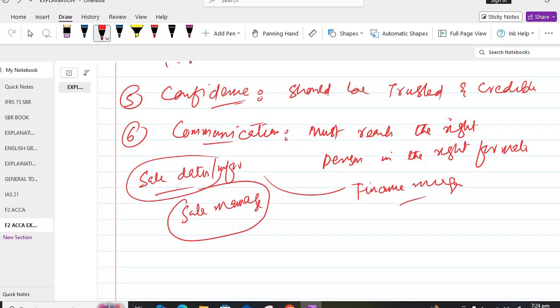So your information to the finance manager is irrelevant, because the information should reach the sale manager, in a format which is readable and easy to understand for the sale manager. So you have to communicate the information to the right person, plus the information should be in the right format. Clear?